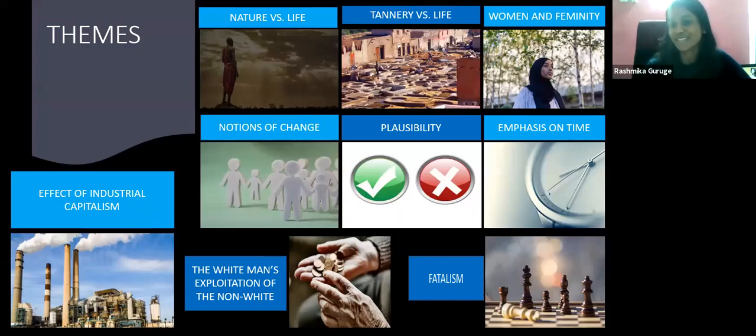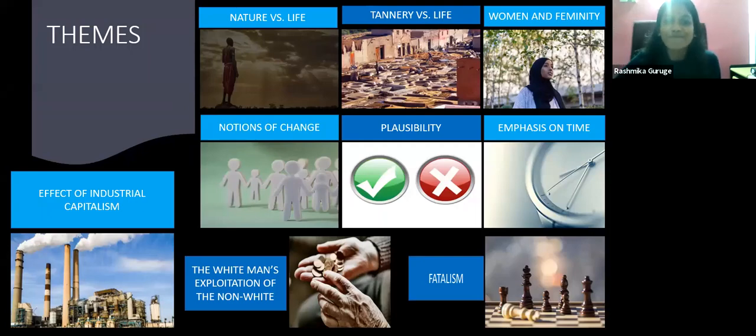Nature versus life, tannery versus life, of course one of the most important themes, women and femininity, another very important one, because Rukmani, being the protagonist of the story, carries the entire society of women on her shoulders, and the notions of change, plausibility, emphasis on time, effect of industrial capitalism, personally one of my favorite themes, so stay tuned for that.